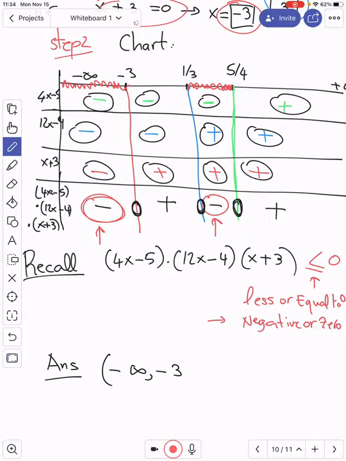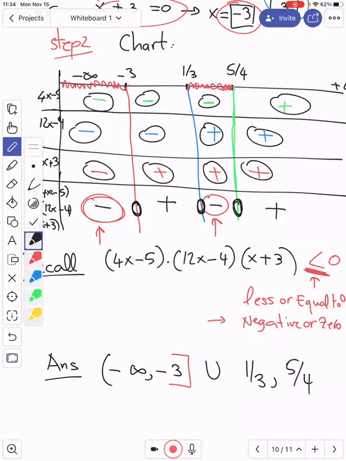Our polynomial can be equal to 0, so we need to include the negative 3. Union. The second interval is from 1/3 to 5/4, and both of them are solutions to our equation equal to 0, so we need to include both of them.